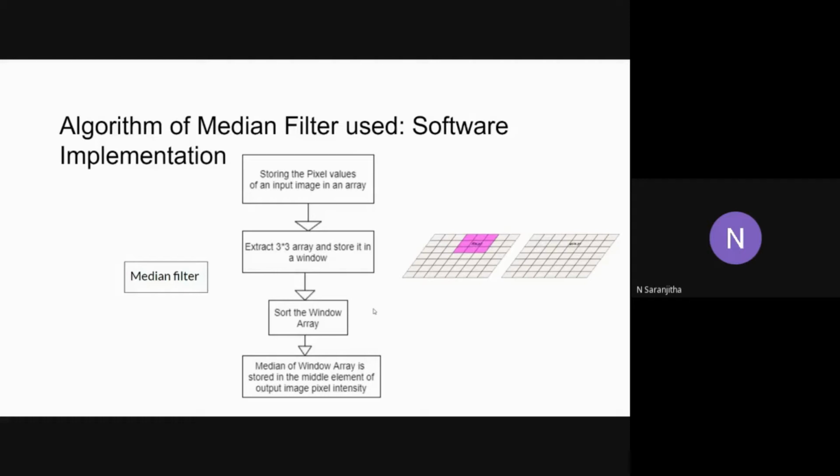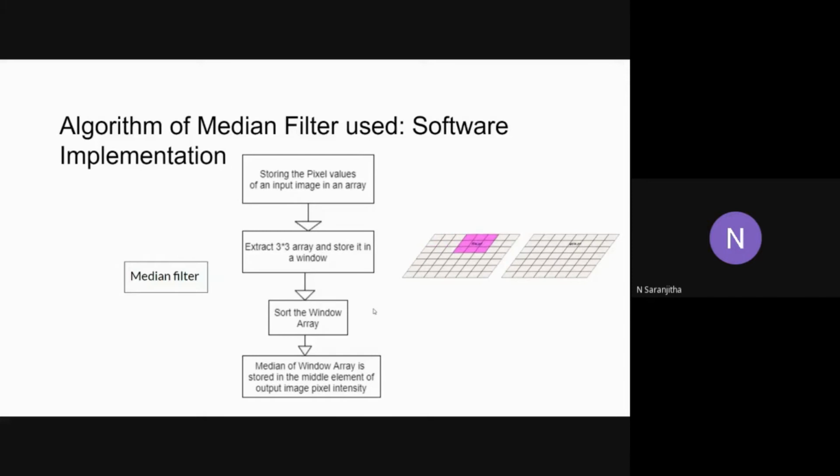In a grayscale image, the pixel intensity values vary in the range of 0 to 255, where 255 represents white and 0 represents black. Salt and pepper noise occurs when there are many of these extreme pixel intensity values, 0 and 255, in the input image. So using the median filter, we try to replace these extreme values with some intermediate value.